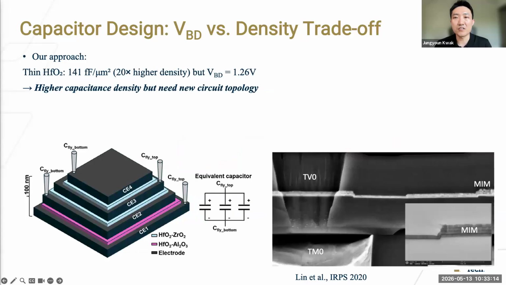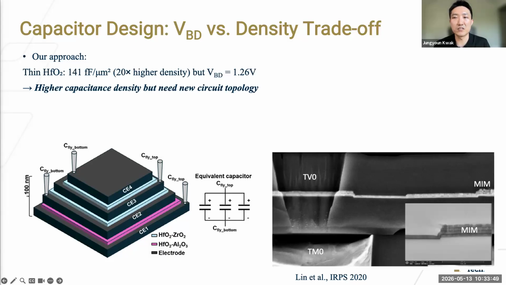The thin hafnium oxide capacitor reported at IRPS 2020 is the specific film we adopt for the switched capacitor stage. The right figure shows the transmission electron microscope cross-section image of the stacked metal insulator metal capacitor. This four-plate structure achieves a density of 141 femtofarad per square micrometer, about 21 times higher than our prior superlattice capacitor.